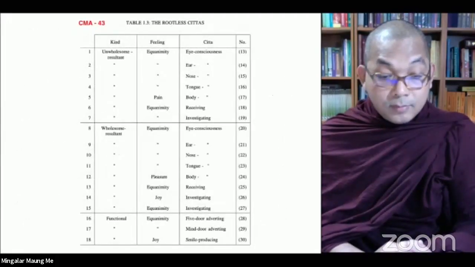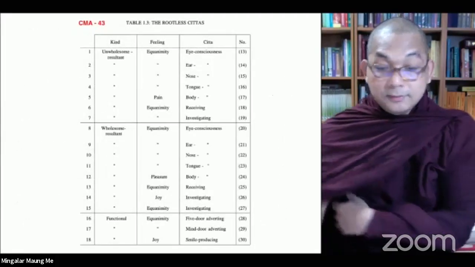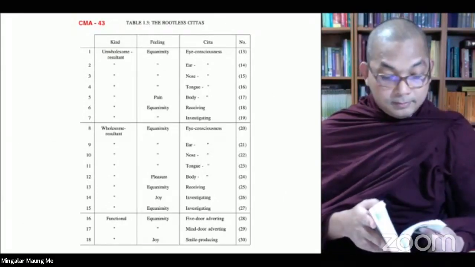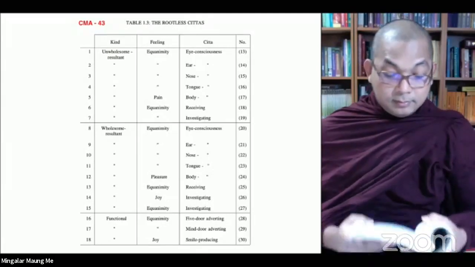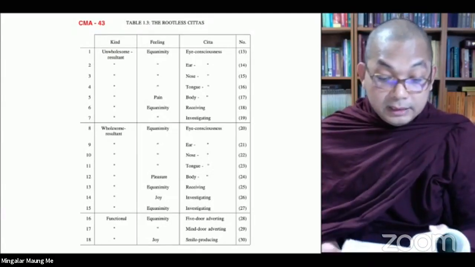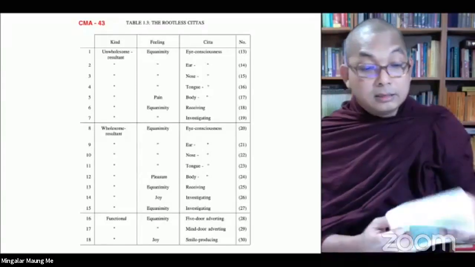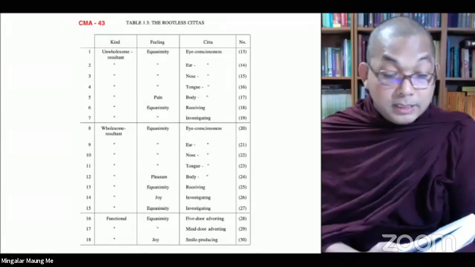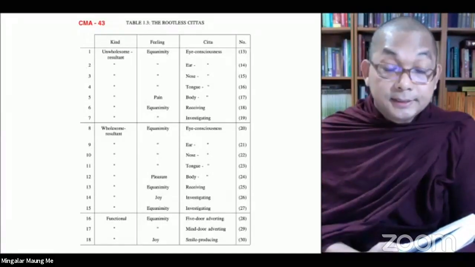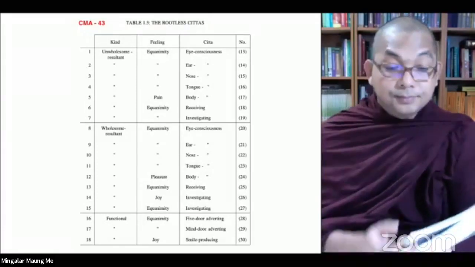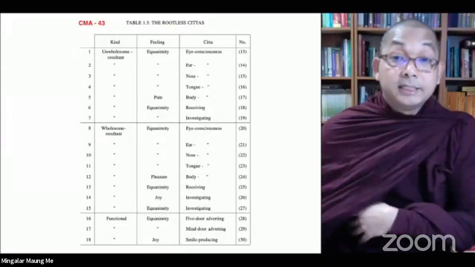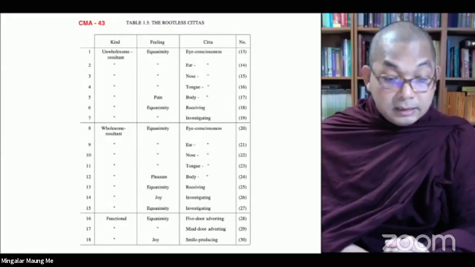Then go to page number 43. These are the 18 Ahetuka cetas. When you look at number 1 to number 7, the unwholesome resultant cetas, these cetas arise because of unwholesome karma.